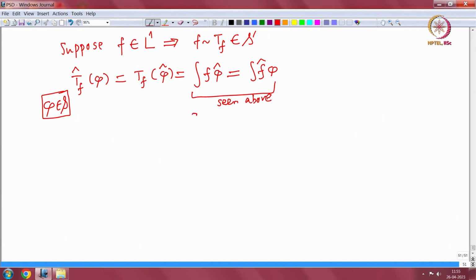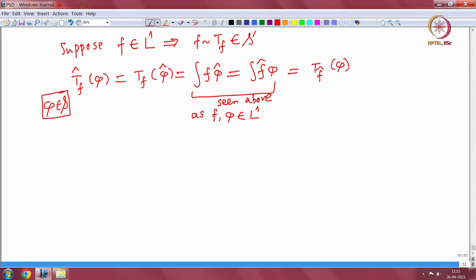Okay. So, as f and phi both are in L1. f is in L1 by hypothesis and phi is in L1 because phi is in S. And this we have identified as T_f hat of phi.